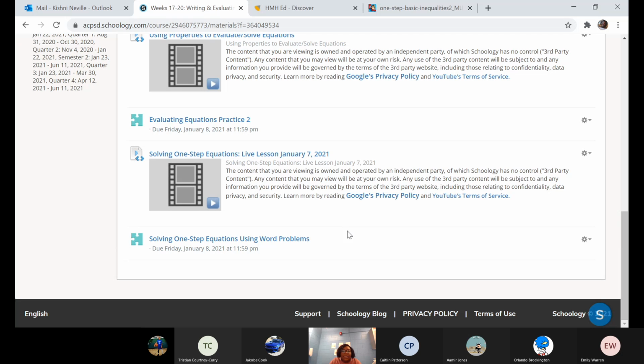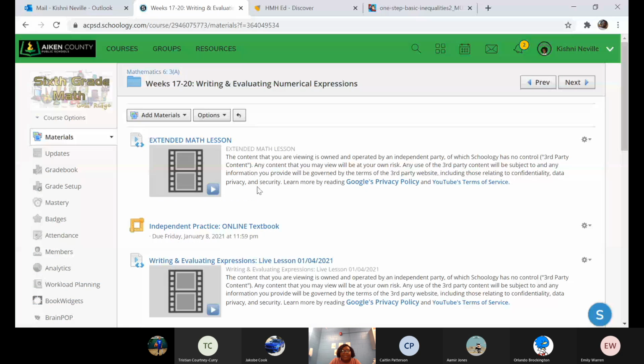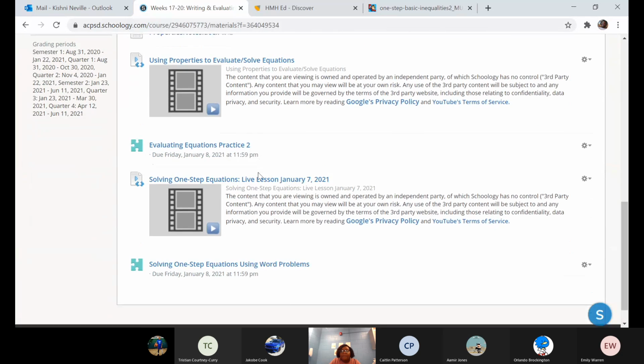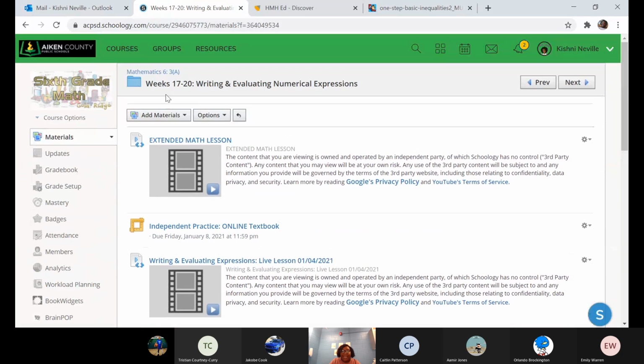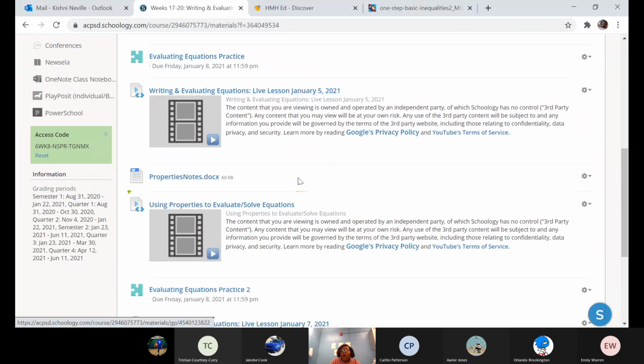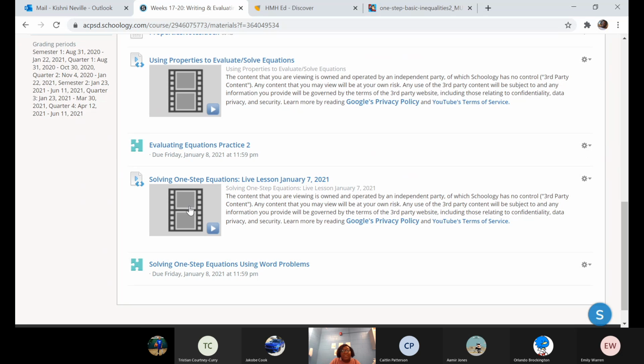So what we see here is these are the assignments that you should have completed this week. I hope Emily can see my screen right now, because you can see when you go to our math class in the blue folder, you can see all of the lessons. It has a little film strip here. These are all the live lessons we've done this week.